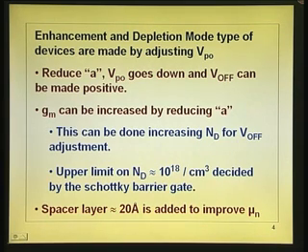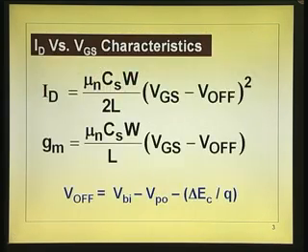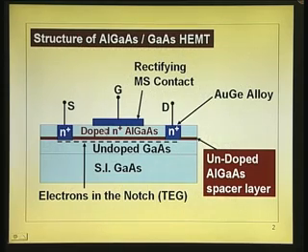Now, the spacer layer. Let me go back to the diagram once more. Top layer is doped, this layer is the spacer layer. We have put that layer there because we do not want the two-dimensional electron gas to suffer from scattering.